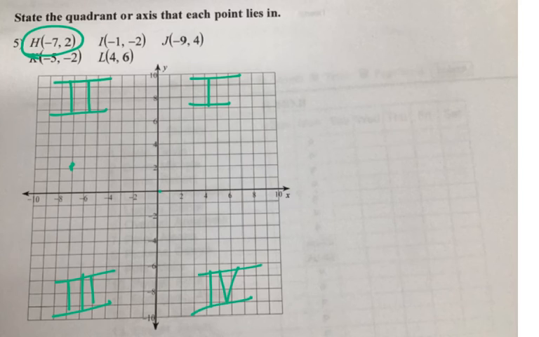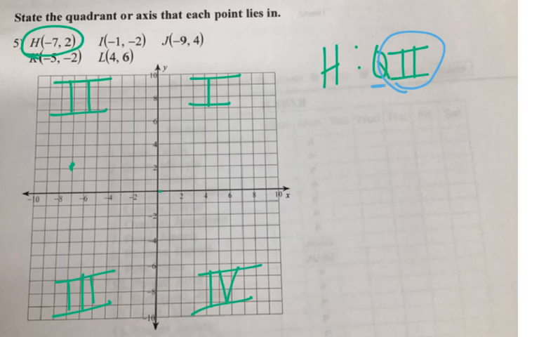So what quadrant is point H located in? Quadrant 2, right? So we're going to say H, quadrant 2. Couple things. I'm fine with you just doing Q for quadrant. You must do the Roman numeral. It's a mathematical thing. So make sure when you're doing it, write the quadrant as a Roman numeral.